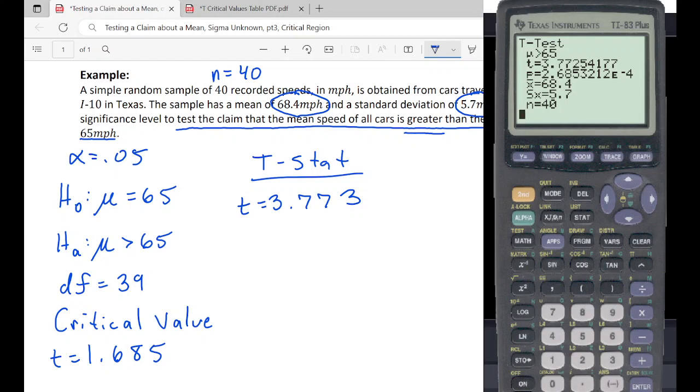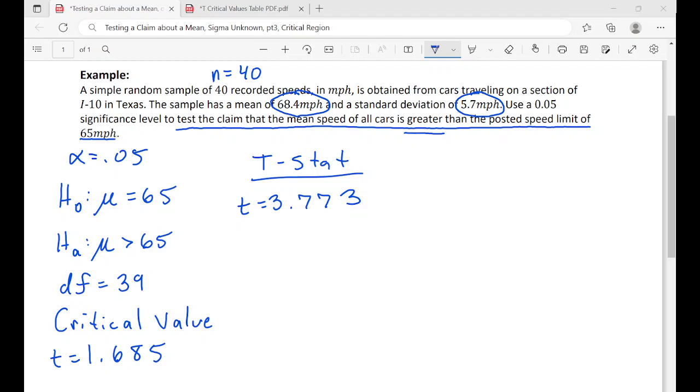Now, if you were using a calculator to find the critical value, since I do not have a TI-84 program, what you would do is go to second vars and select inverse t.